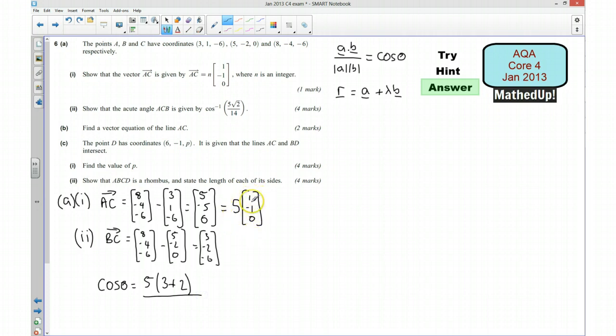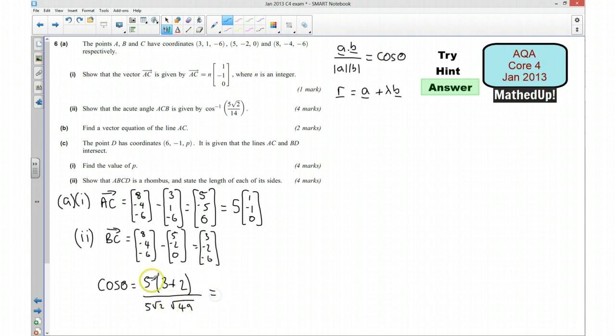So the magnitude of this is √2. So this is going to be 5√2. And the magnitude of this here is going to be root, and we're going to have 9 plus 4, which is 13, plus 36, which is 49. So it's going to be √49, and in fact √49 is 7.